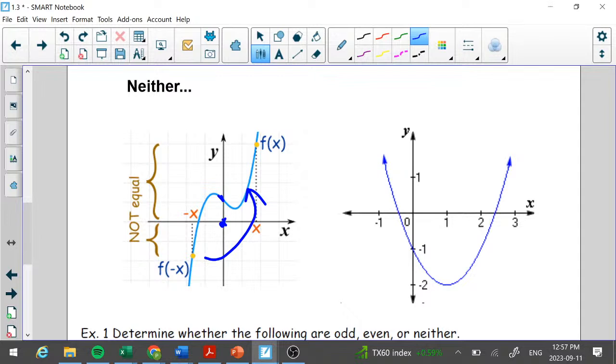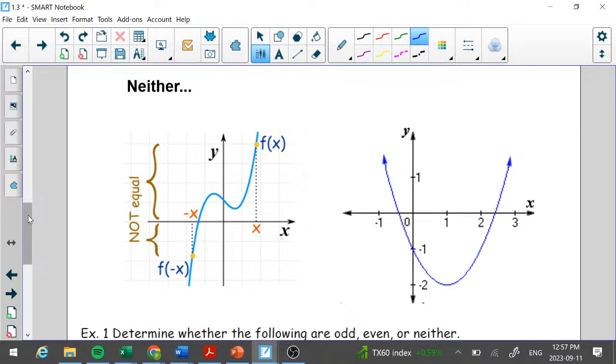Will they change it? No, they won't, because you apply reflections and stretches before you apply translations. So reflections and vertical stretches or horizontal compressions will not change it from odd to even or neither. It'll still be odd if it started as odd.